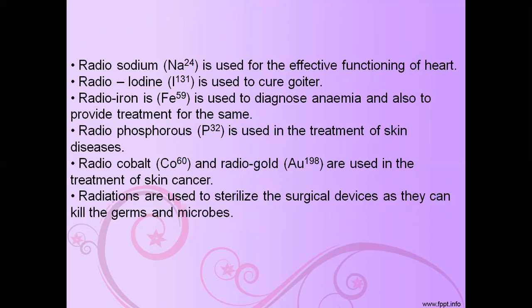Next, radiophosphorus P-32 is used in the treatment of skin disease, and radiocobalt and radiogold are used in the treatment of skin cancer. Next, radiation is used to sterilize surgical devices as it can kill germs and microbes. These are the uses in the medicine field: radiosodium, radioiodine, radioiron, radiocobalt.